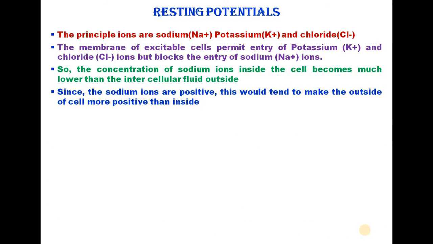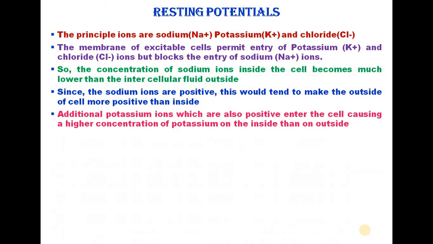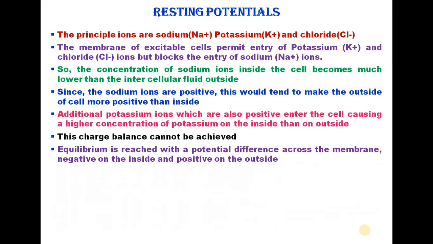Since the sodium ions are positive, this would tend to make the outside of the cell more positive than inside. Additional potassium ions, which are also positive, enter the cell, causing a higher concentration of potassium on the inside than on the outside. This charge balance cannot be achieved. Equilibrium is reached with a potential difference across the membrane, negative on the inside and positive on the outside.